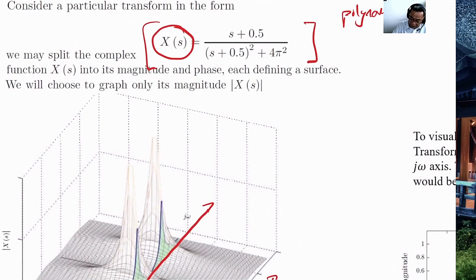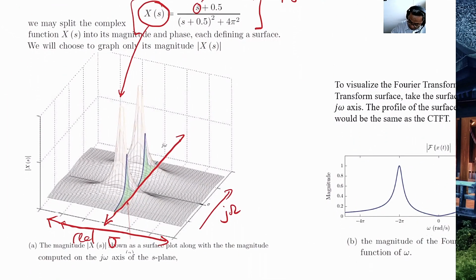But how do we get from this X(s) into this plot? Well, all you need to do is to substitute s with different values along the whole complex plane.